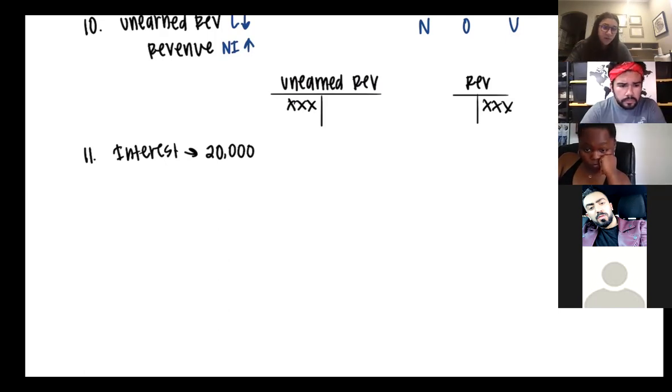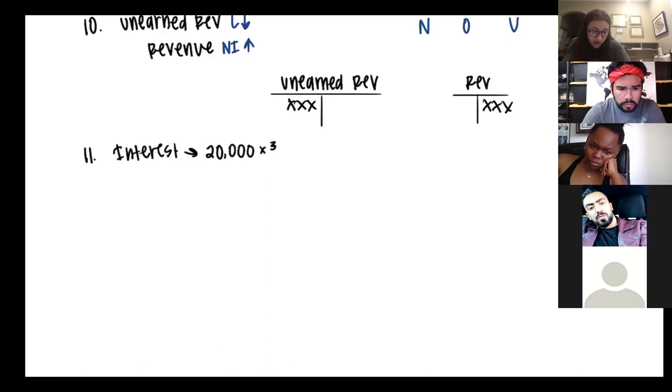So whenever it says a 9-month note payable, don't pay attention to that. The note was issued on October 1st, and this is December 31st, and they need to figure out how much interest they've accrued in those 3 months. So it's actually going to be 3 out of 12 because they've accrued interest for 3 months.